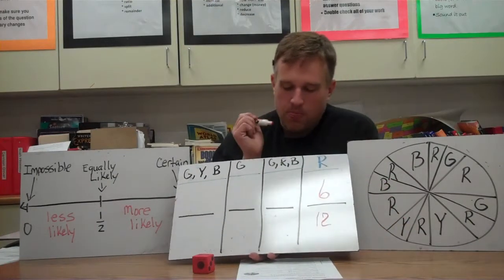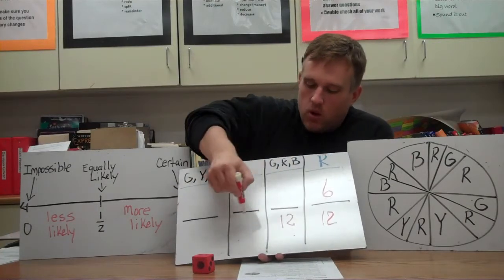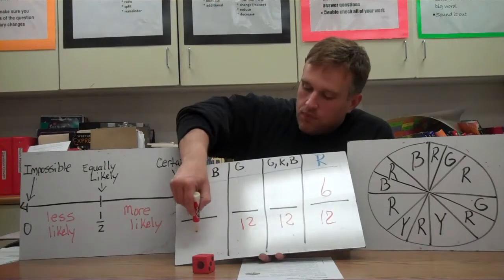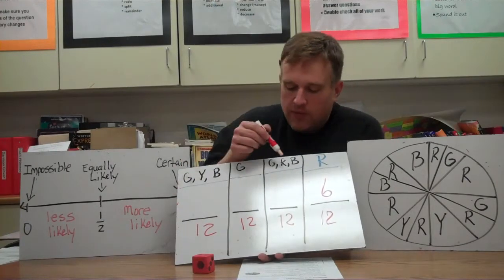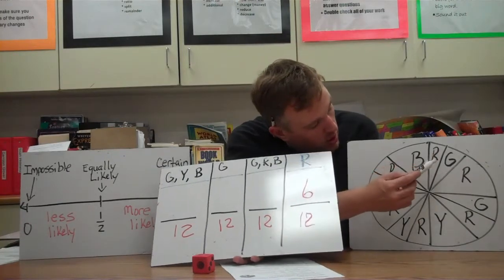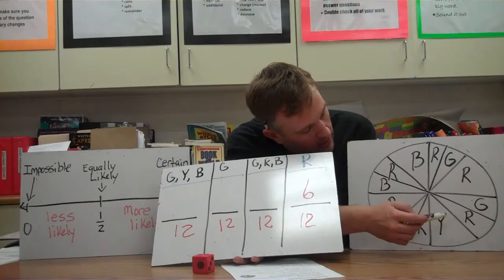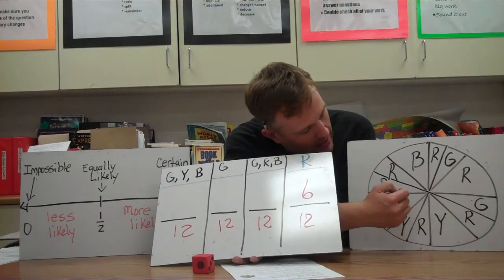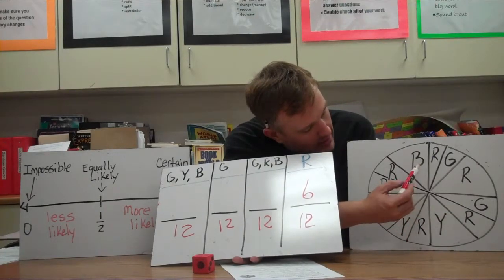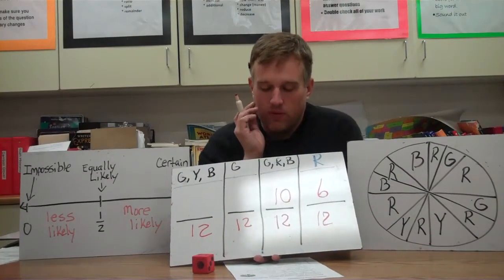Okay? I would do the same thing. So I know my 12 is going to be the total for all of them, so I'll go ahead and put that in. Now for green, red, and blue, I would count all of my green, red, and blue. 1, 2, 3, 4, 5, 6, 7, 8, 9, 10. 10 12ths.